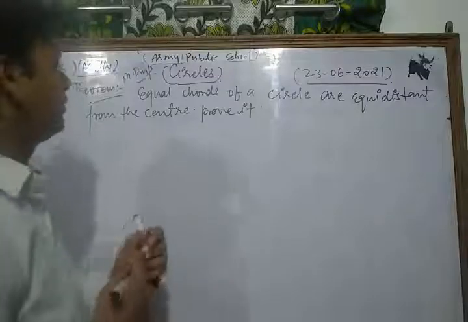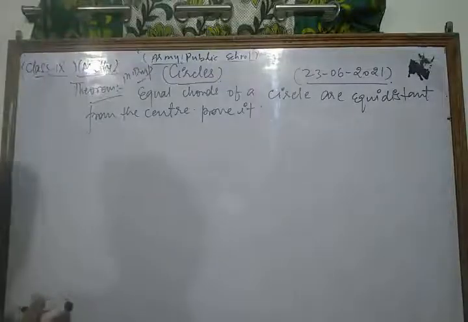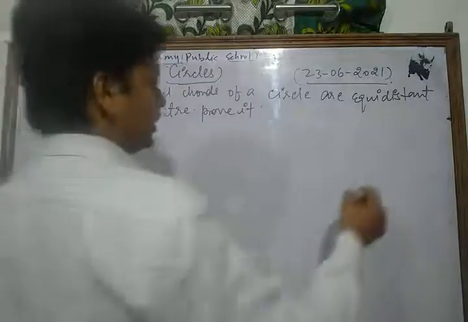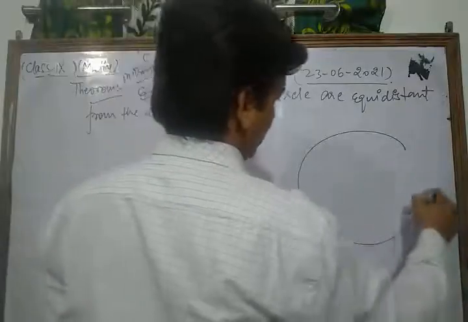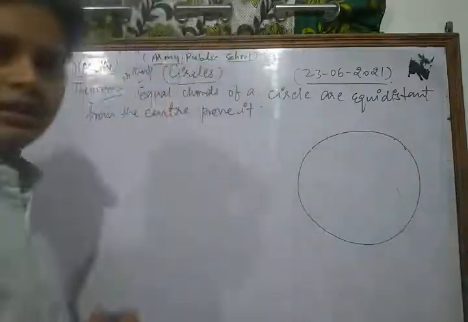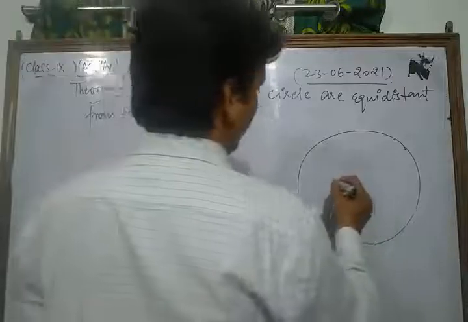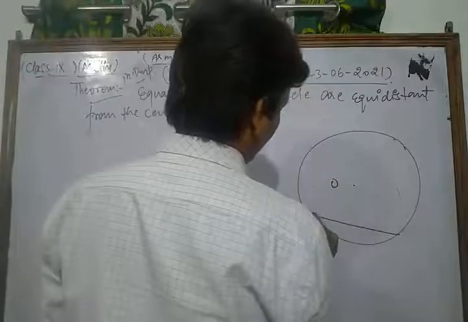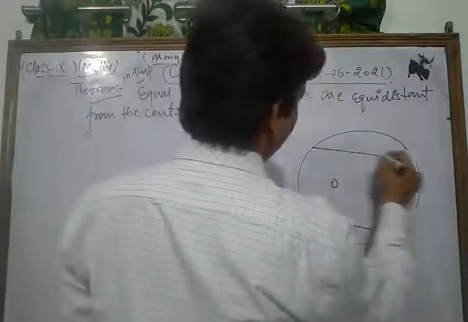So here we have to show that equal chords of a circle are equidistant from the center. First of all we draw a circle with center O, and in it we draw two chords AB and CD.